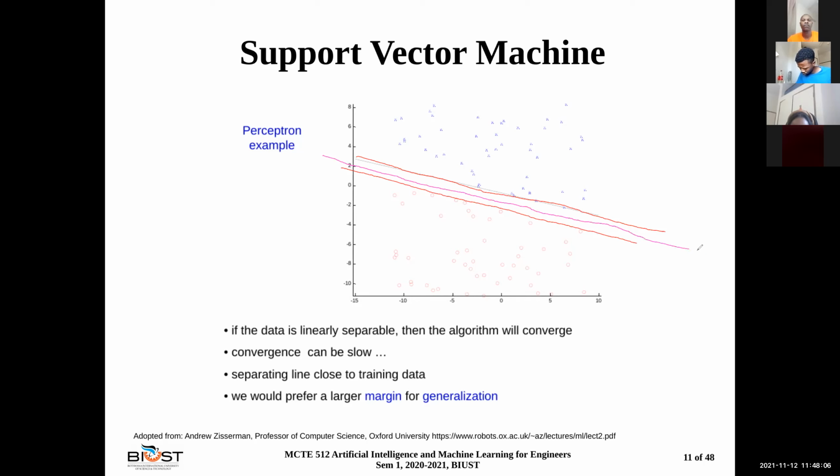So that there is room for perturbance of the input parameters. That means the blue X's can play around here, and the red circles can be around here. There's room for perturbance in the data.